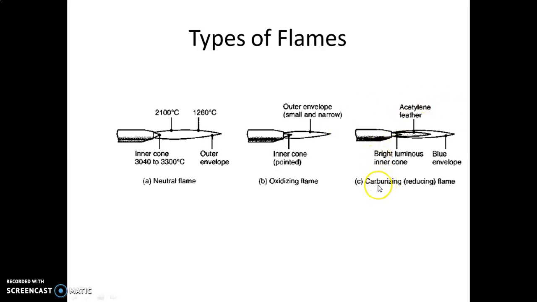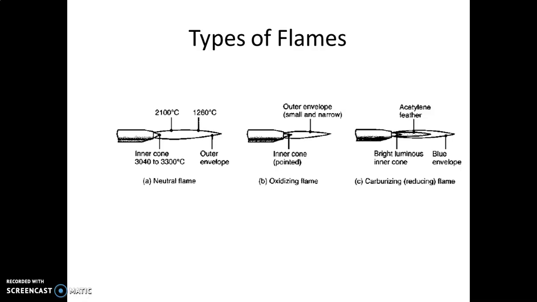Third type of flame is carburizing, also called reducing flame. It has three phases. First is the inner cone that is bright and luminous. The intermediate phase is the acetylene feather, and the last phase is the blue envelope. Now oxygen is insufficient for full combustion.